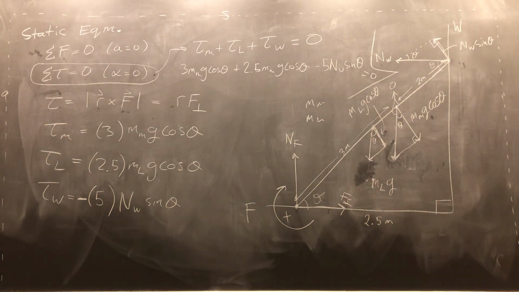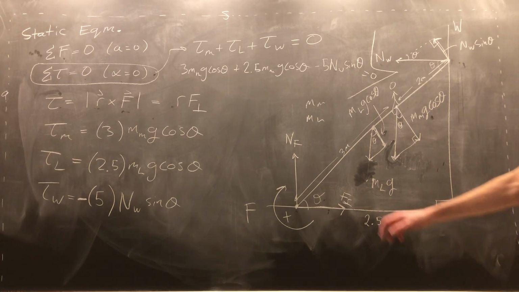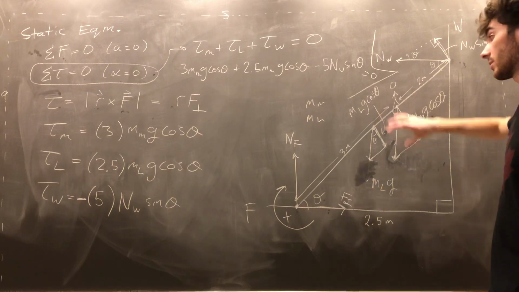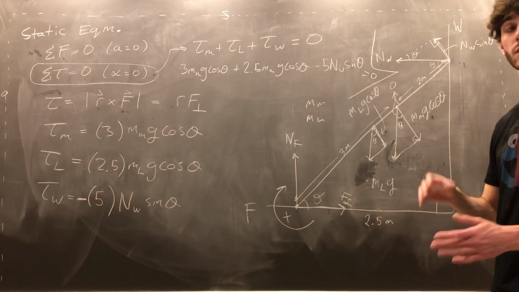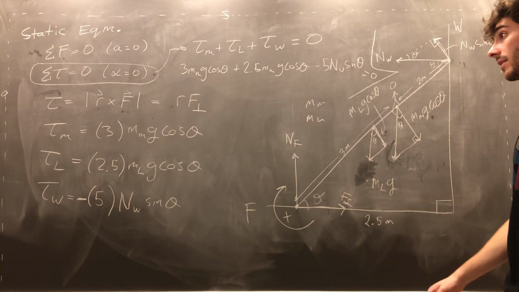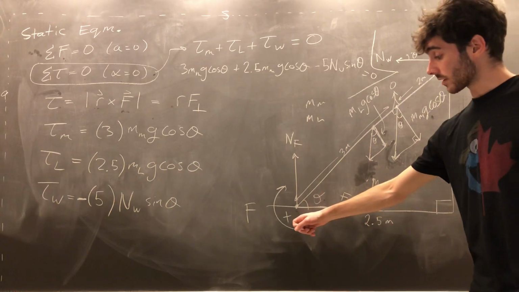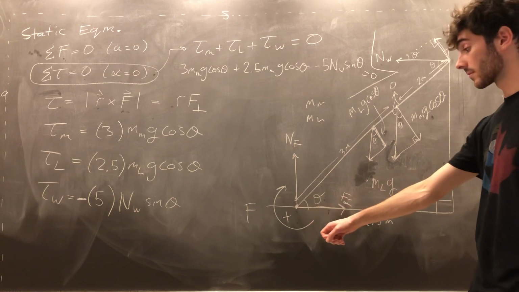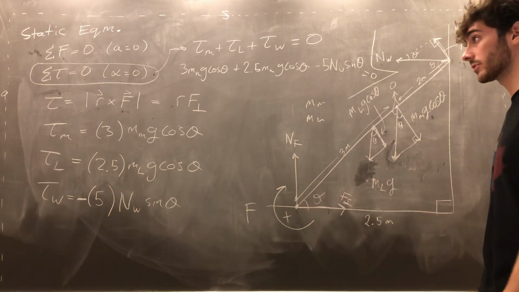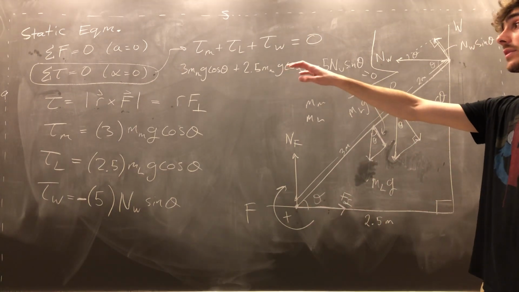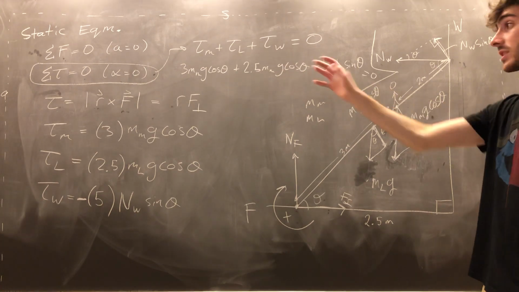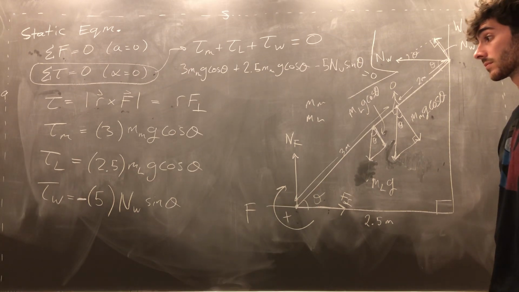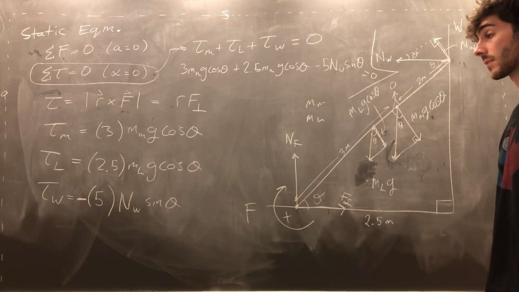And then take the torque as the product of the magnitude of the radial vector times the perpendicular component of the force. And then make sure you get the correct sign according to whatever convention you choose, and then apply the formula for static equilibrium, which simply says that the angular acceleration is 0. So yeah, I hope you learned something.